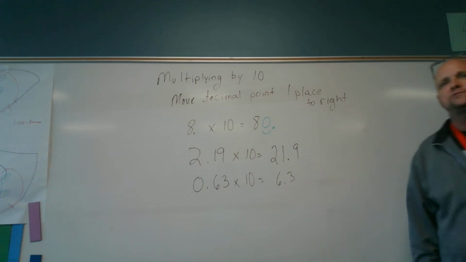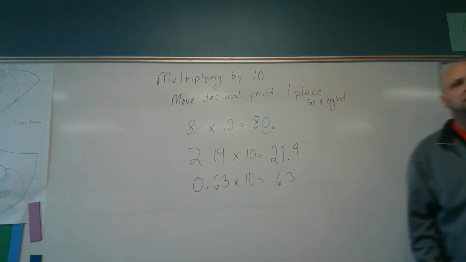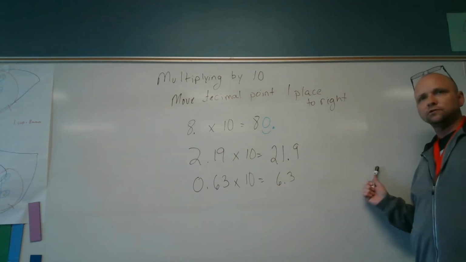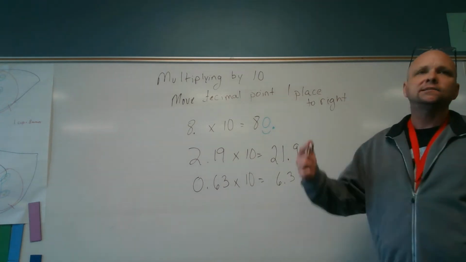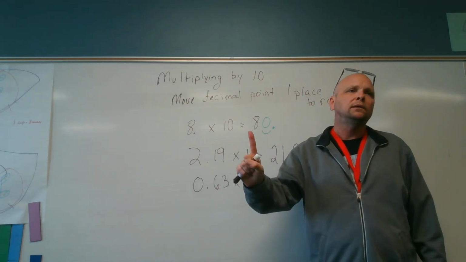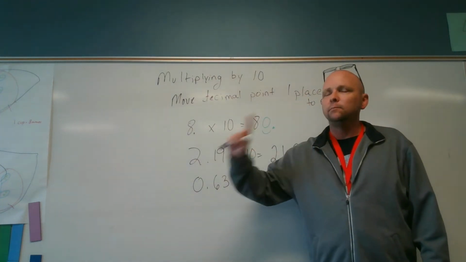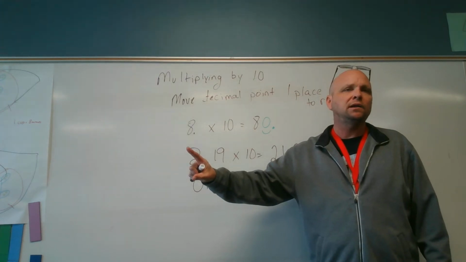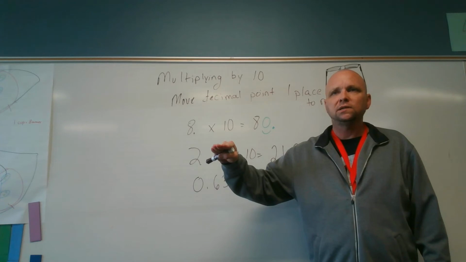You wouldn't say I have 0 $10 bills. So if it's in front, you don't have to put the zeros in front. I could put zeros all the way behind it, but that's not necessary either. It's simply moving the decimal point one place to the right. Multiply by 10, you move the decimal point one place to the right. Easy peasy. Raw chicken squeezy.